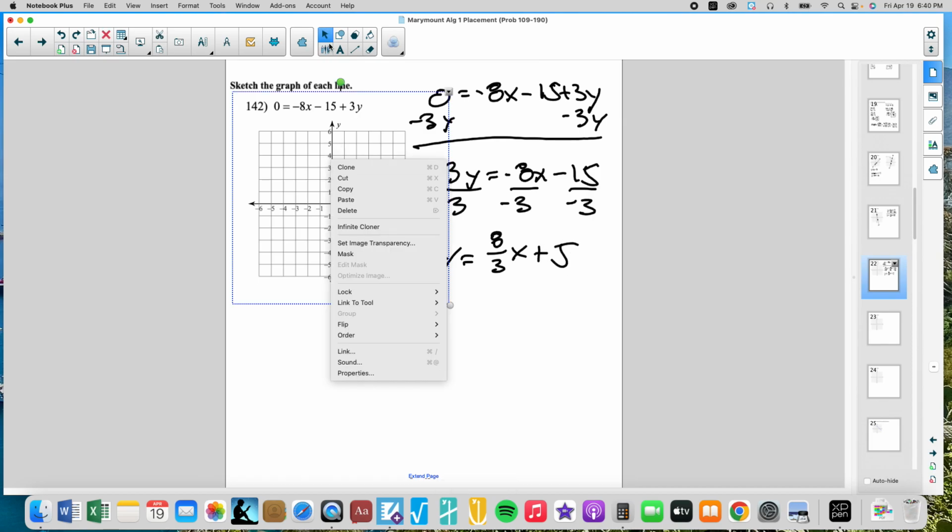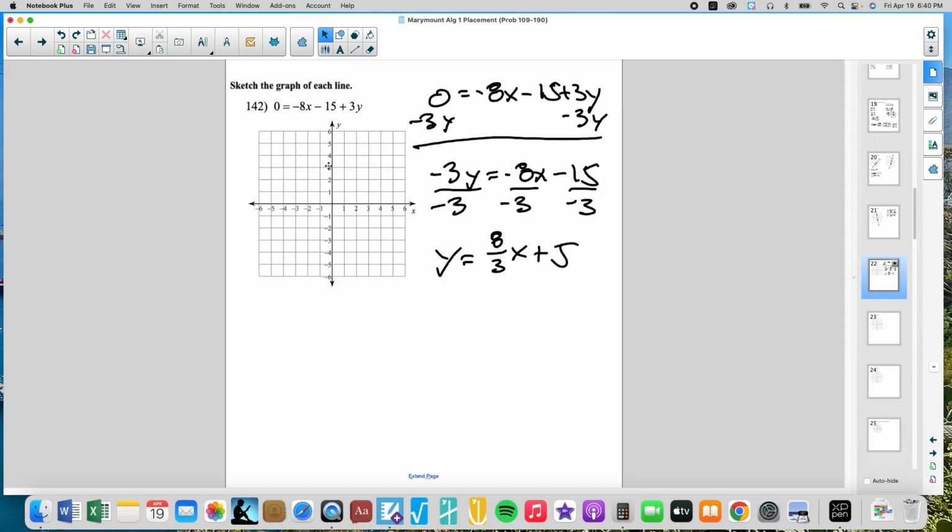So my y-intercept is 5. My slope is 8/3, so up 8, right 3. Well, I don't have space to go up there. So I can do the opposite of that. I can do negative 8 over negative 3, which I initially had.